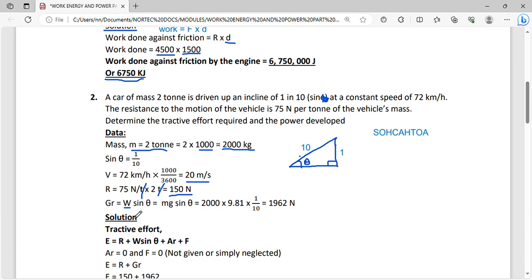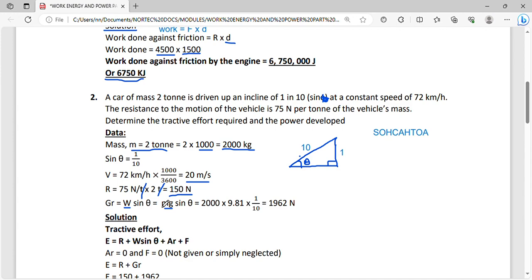So instead of leaving it as weight, we expand it as mg. It's still the same. So mg sine theta, we simply say m multiplied by g, then sine theta. So we've done the small expansion, then we're saying equals.